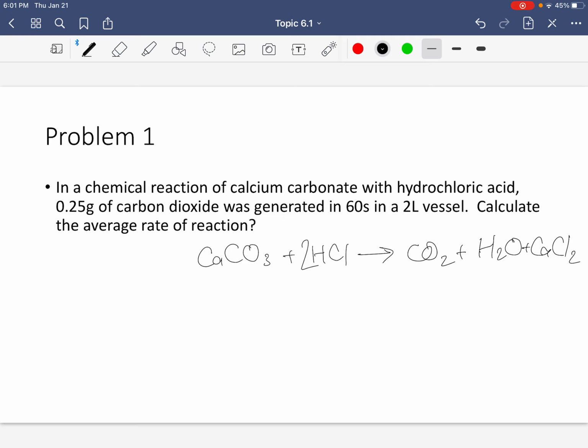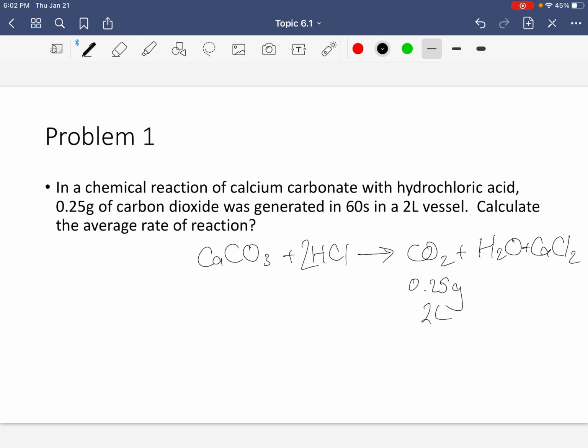But that's about it. So there's a carbon dioxide in the chemical reaction: 0.25 grams of carbon dioxide was generated in 60 seconds in a 2-liter vessel. Calculate the average rate of reaction.